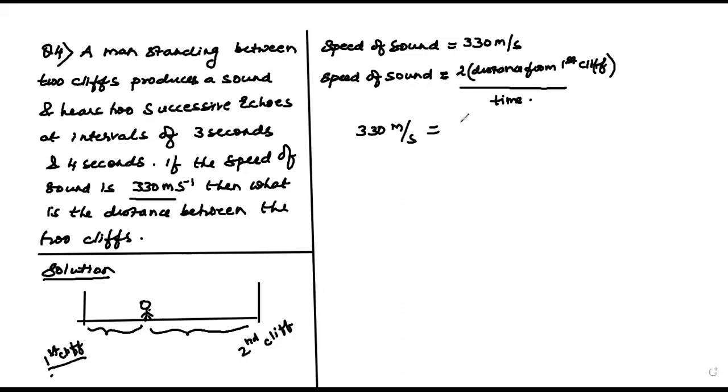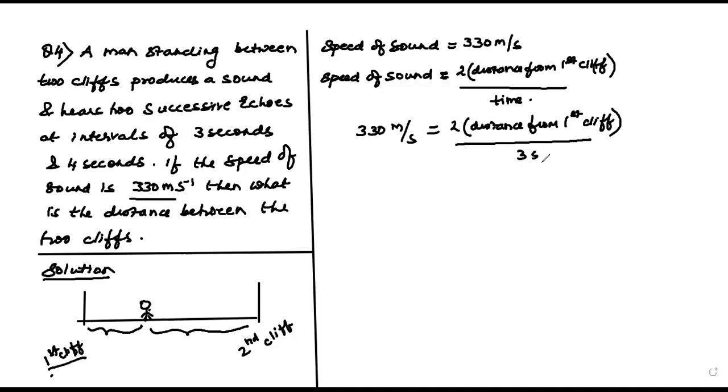Please have a look here. Twice the distance from first cliff upon time. It has taken exactly 3 seconds for him. So from the first nearer cliff, time taken is 3 seconds.